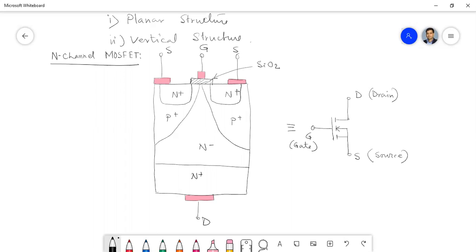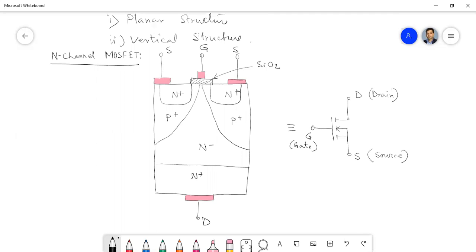So accordingly, we have to provide the biasing. Okay, now how I can bias this? First, the main channel, as I told you, the main channel is drain to source. So that is the main channel.